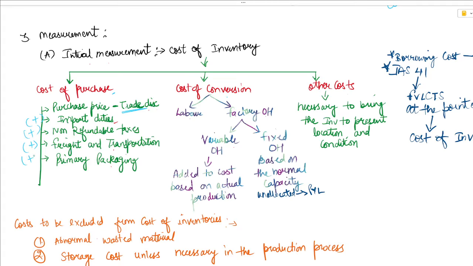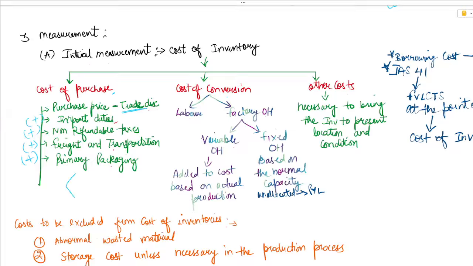And the primary packaging, only the primary packaging will be included, not the secondary one. Primary packaging means the packaging which is necessary. Suppose toothpaste: for toothpaste it should be in something like a tube, that is primary packaging. It's necessary.